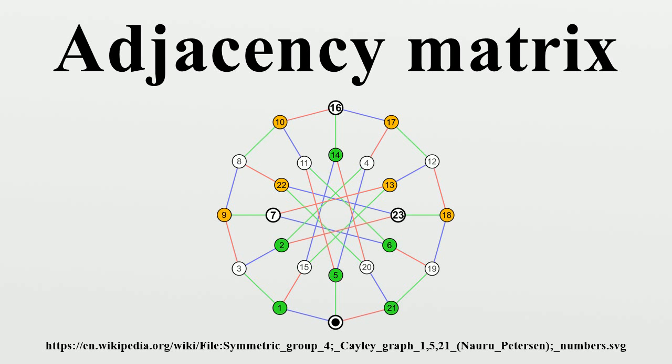Data structures. The adjacency matrix may be used as a data structure for the representation of graphs in computer programs for manipulating graphs. The main alternative data structure, also in use for this application, is the adjacency list.